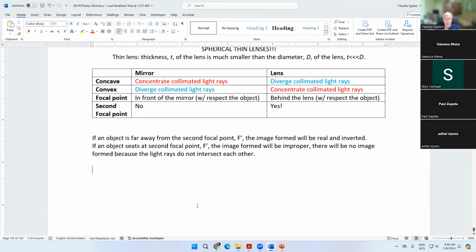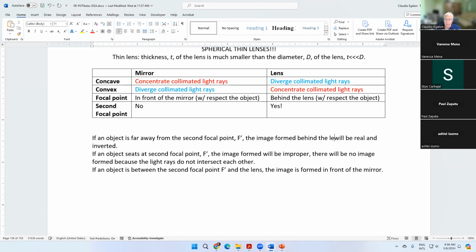So we can go for the next one. If an object is between the second focal point f prime and the lens, the image is formed behind the lens, and it will be real and inverted.